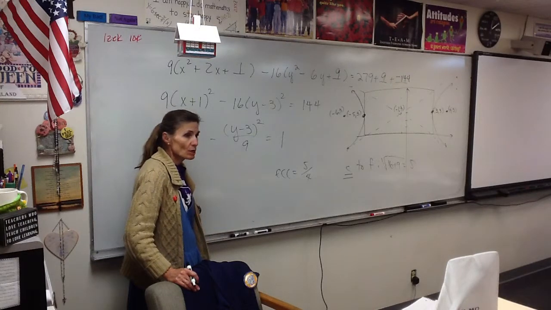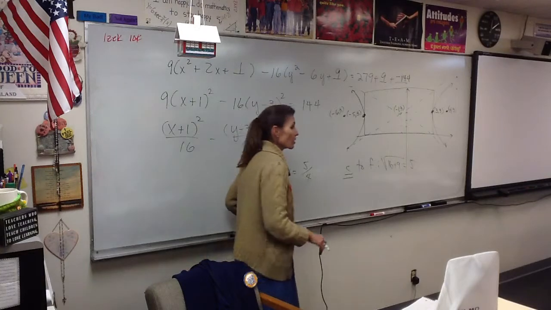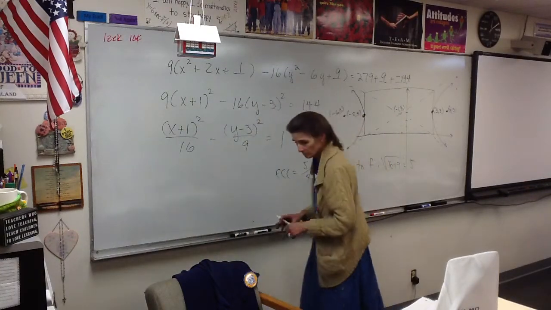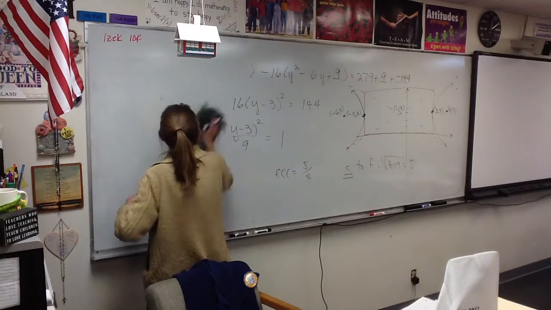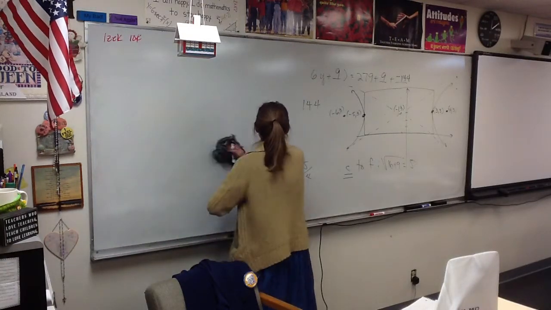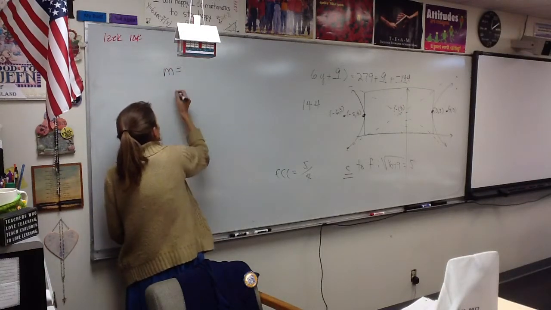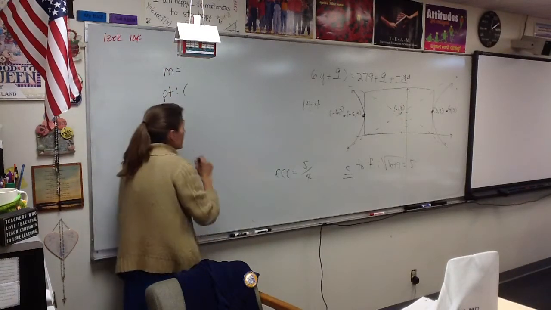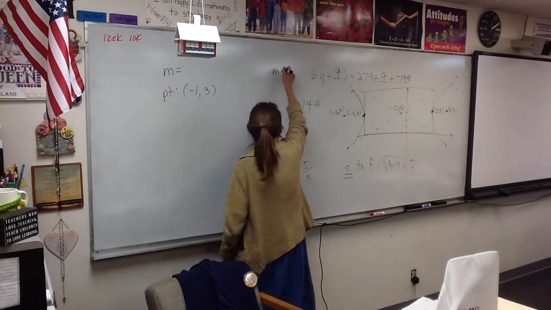Now we need our asymptotes. Our asymptotes are lines. There are 2 of them. The point that they both contain is the center. Would you agree with that?